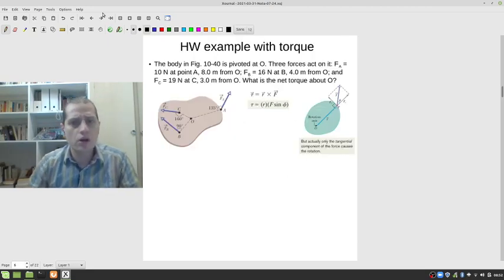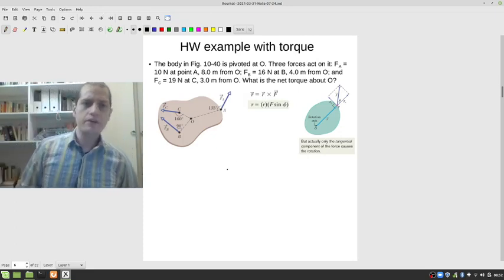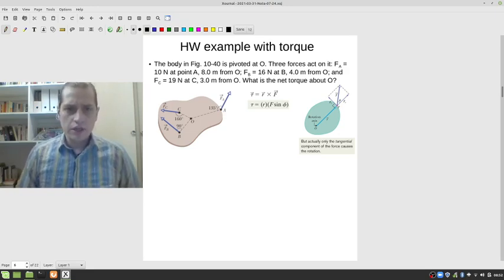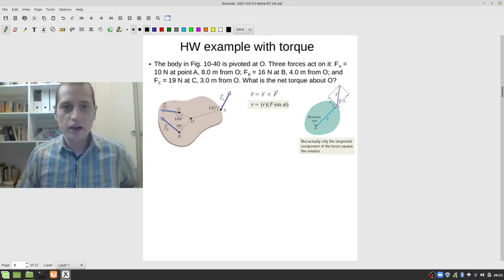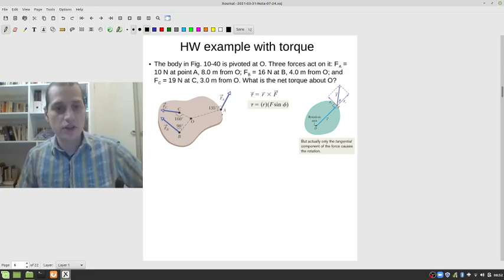Okay, so that's an example of rotational inertia. Now let's do an example of torque. So it says you've got this body, it has these 3 different forces on it, and it asks you what the net torque is. So essentially what you're going to have to find is this torque, and that torque.